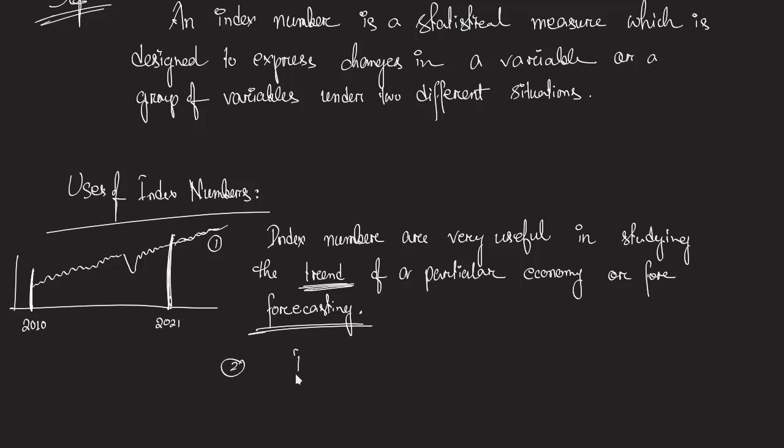Number 2 is that it is frequently used in policy making. So policy making means, let's say, a very essential commodity.